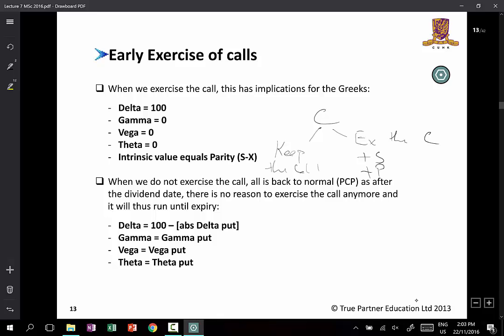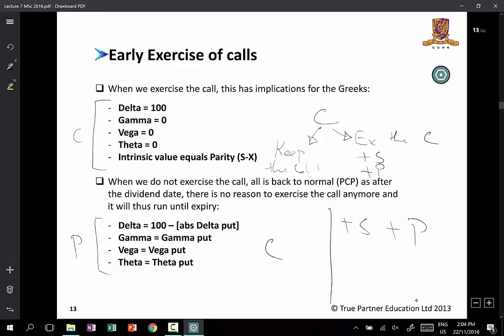So it's actually just a comparison between these two alternatives, and I think these are the Greeks related to the call option, and these are the Greeks if you were to exercise your call and go long a put instead. What then happens to your package? So either this one, the call, or long stock plus put.